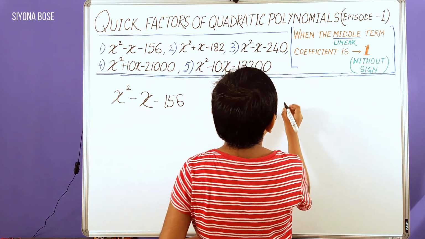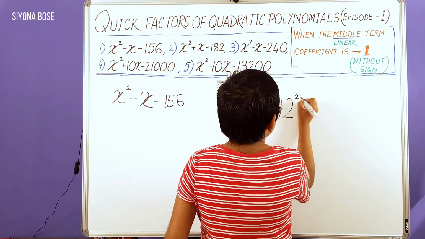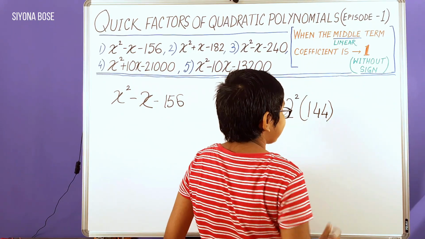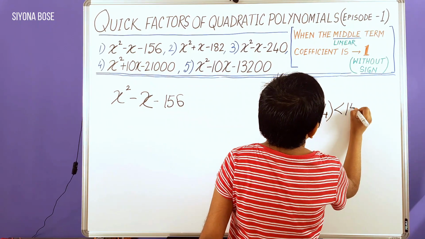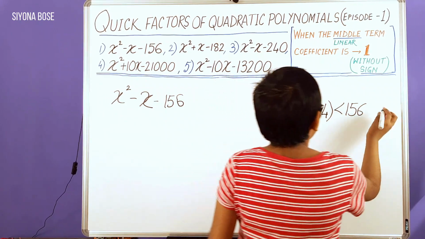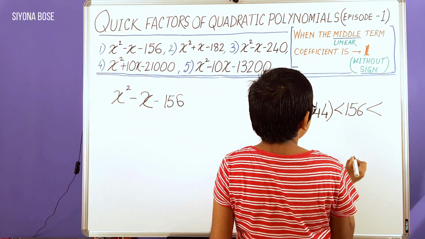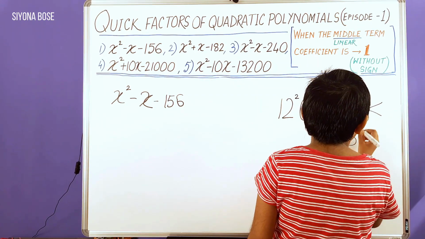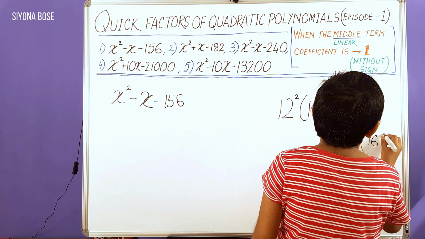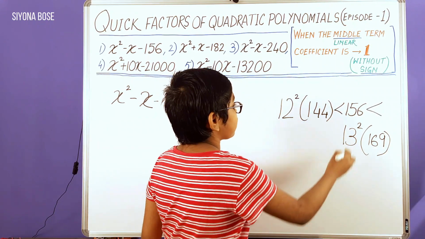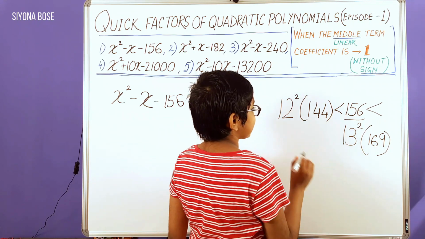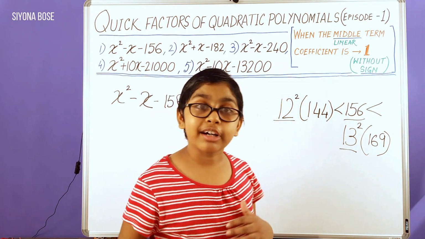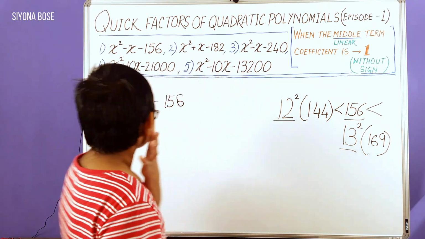The two perfect squared numbers are 12 squared, which is 144, that's less than 156, obviously, and that's also less than another perfect squared number, the consecutive number to 12, 13. 13 squared is 169. So we can locate 156 between the two consecutive perfect square numbers, 12 squared and 13 squared. So required factors are 12 and 13.